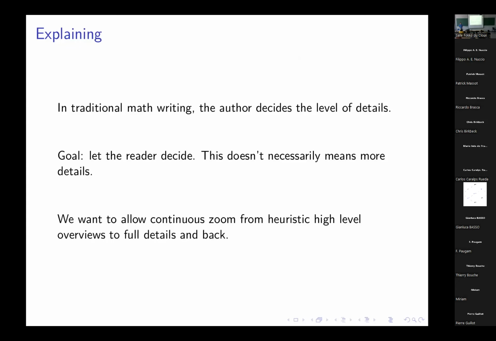So the dream is to have interactive documents where the reader decides on the level of details. You start with a couple of drawings and maybe a video and a proof sketch, and then if the reader wants to have more detail about one statement here, just click here, I want a detailed statement, and then he or she can click, I want to see a proof sketch, and then I want to see detail about that step in the proof.